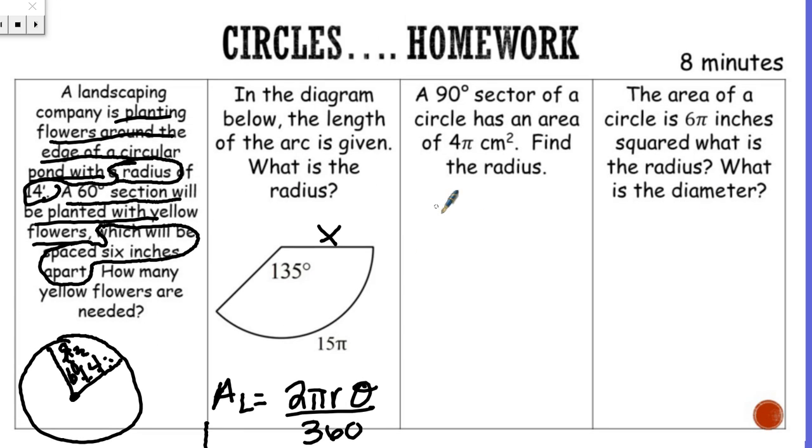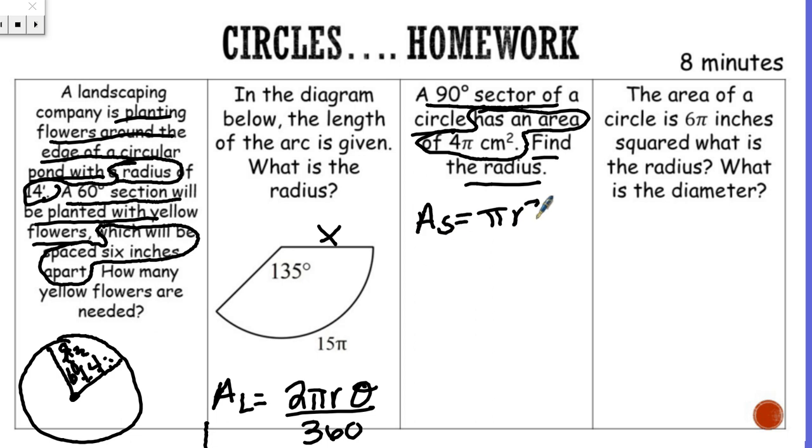It says a 90-degree section of a circle has an area of, so this is about a 90-degree section of a circle, and here is what's going on with that section, and it's saying find the radius. So area of a sector is pi r squared theta over 360. I'm going to substitute in.